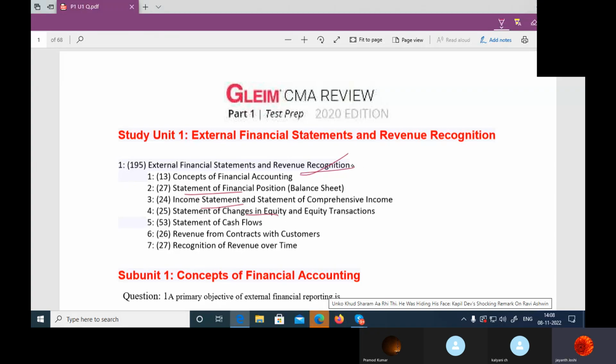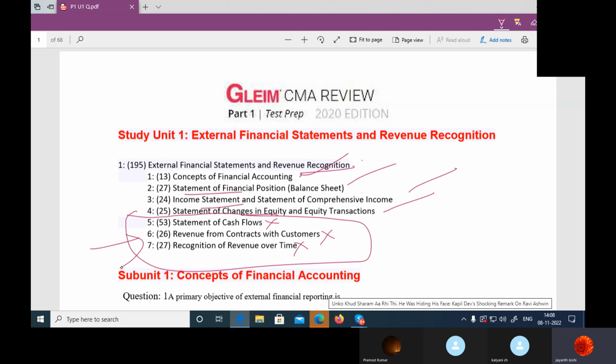Concepts of financial accounting: once I give you the study material, you can read and solve them yourself, because it's your task to do. Cash flow, we have not finished, so we need not do all this. Only we will restrict ourselves to this and this. These we have finished. After finishing these chapters we'll go for these questions.